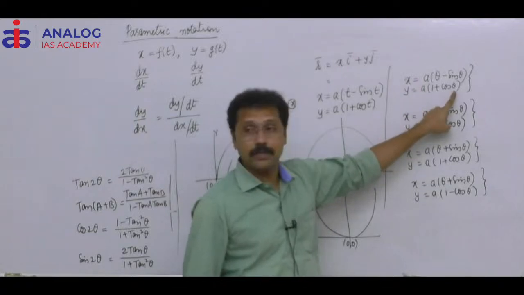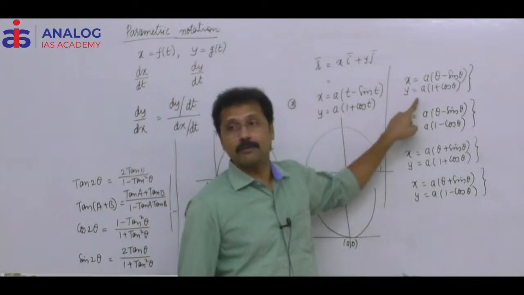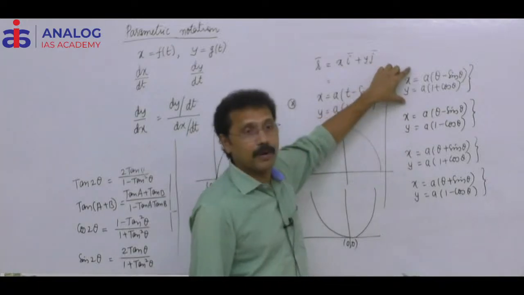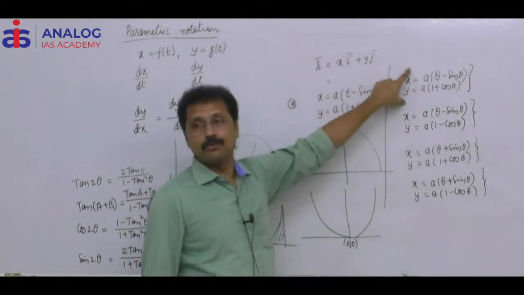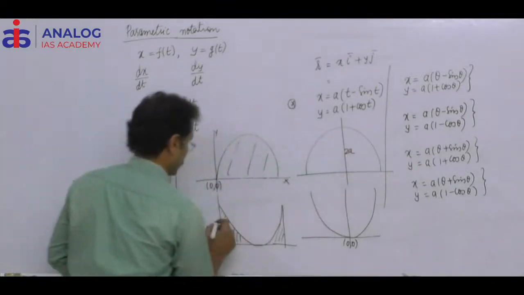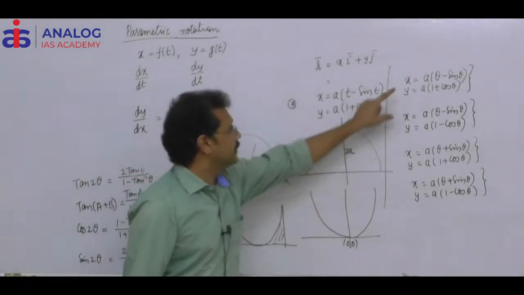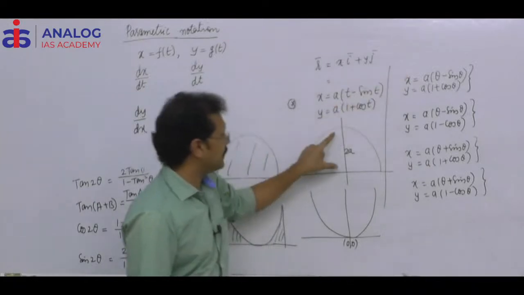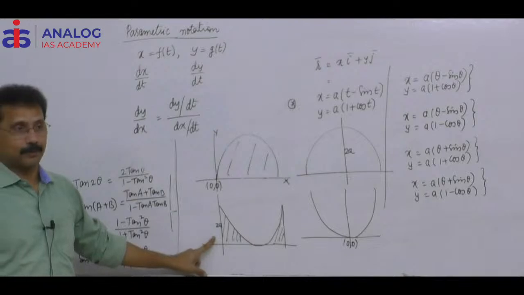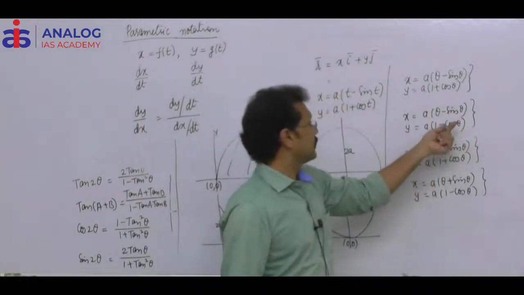Cos 0 is 1, 1 plus 1 is 2, so y equal to 2a. That means at theta equal to 0, this curve passes through 0 comma 2a. So the height is 2a here. This also is 2a. That means this particular cycloid can be either this one or that one. Now suppose t equal to 180 degrees.